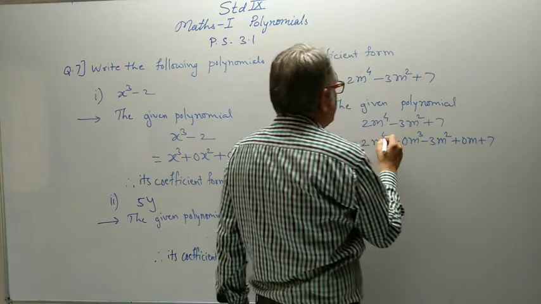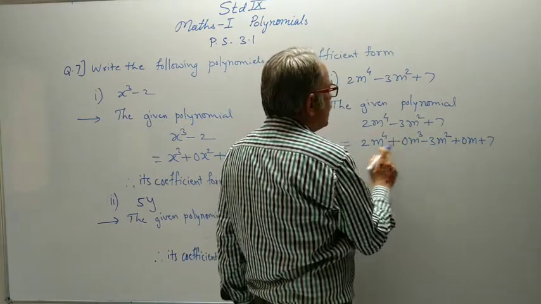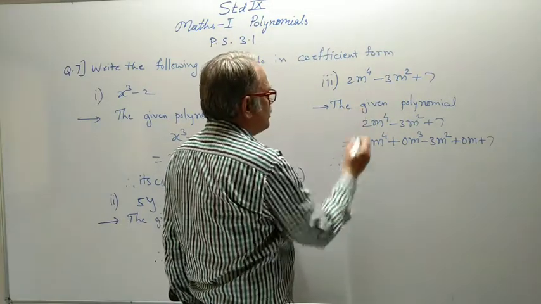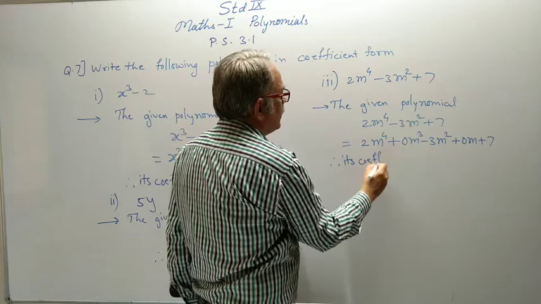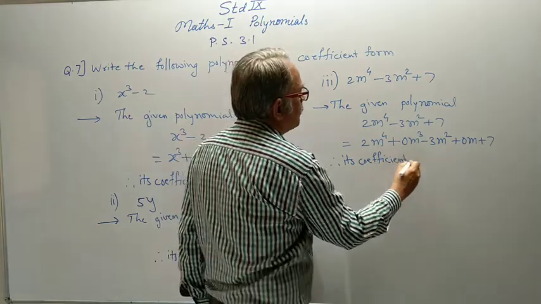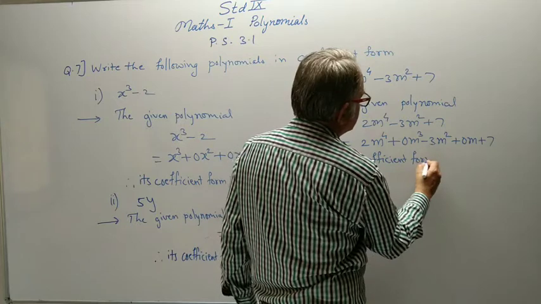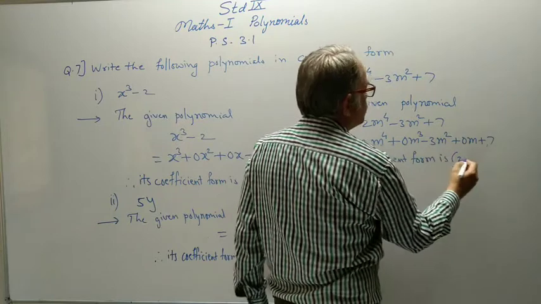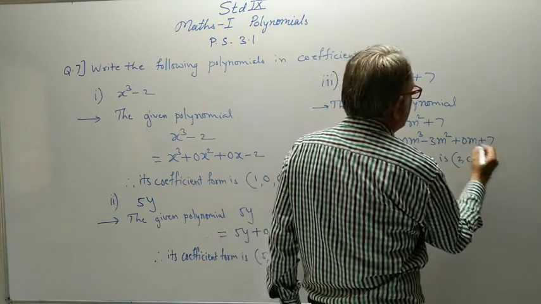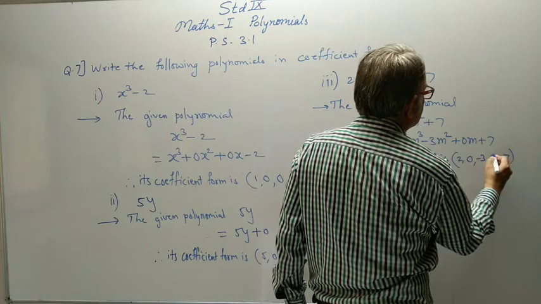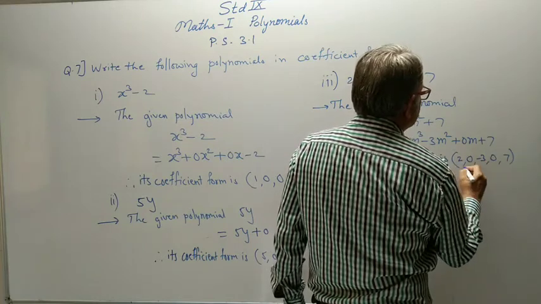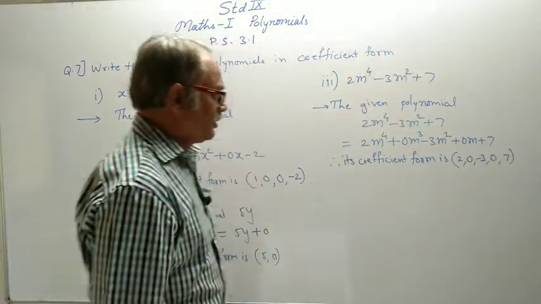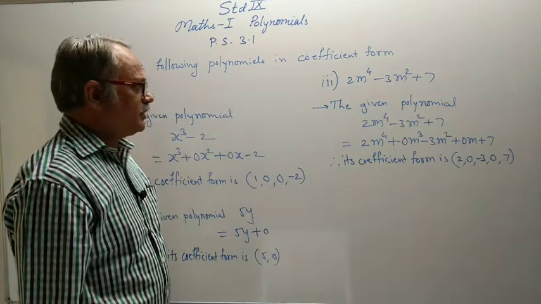Check it, the index is 4, so terms must be 5, 1 2 3 4 5. Therefore the coefficient form of the given polynomial is in bracket 2 comma 0 comma minus 3 comma 0 comma 7. When it is positive, the plus sign need not be written, but if it is negative, minus must be written.